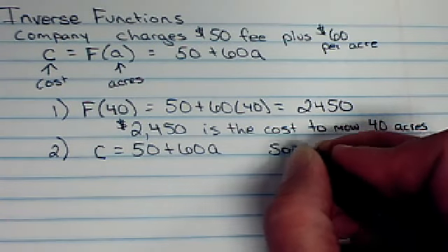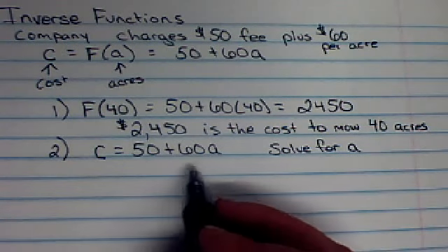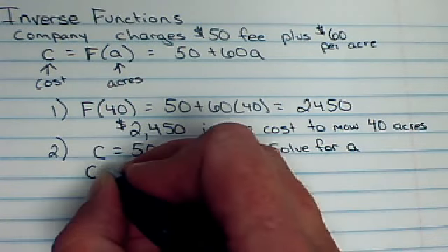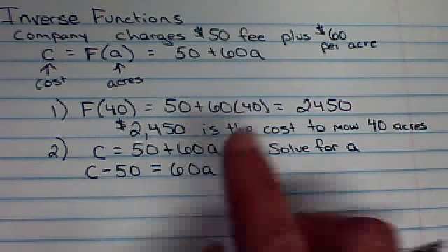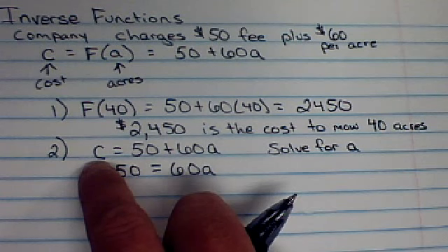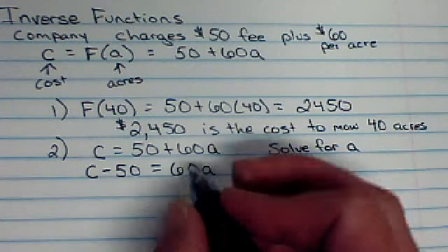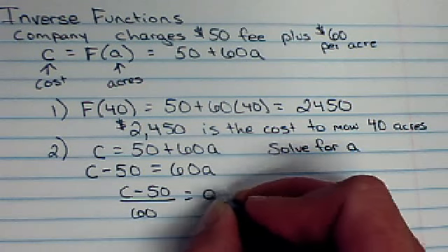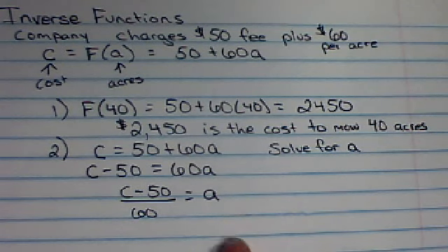So let's take this function and solve for A. Well, if I wanted to get A by itself, 50 is being added to it, so if I subtract it from both sides, I would get C minus 50 equals 60A. Because think about what you would do. If you knew what you wanted the cost to be, you'd first subtract 50, and then you would divide by the 60, right? You're going to undo your order of operations to solve for A, to figure out what the acres would need to be.